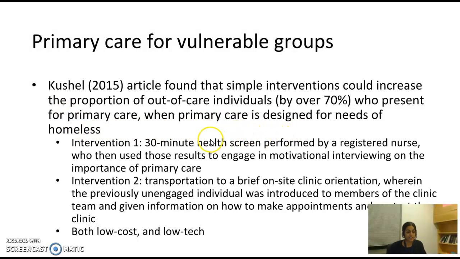So the intervention, they had 2 interventions that they outlined in this study. The first one was a 30-minute health screen performed by a registered nurse, who then used those results to engage in motivational interviewing on the importance of primary care.